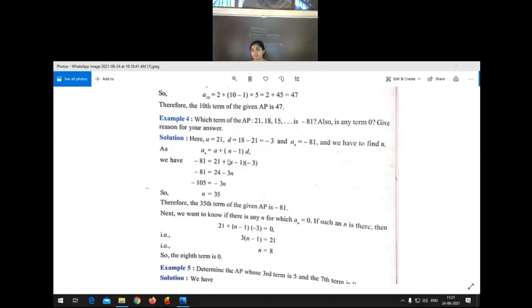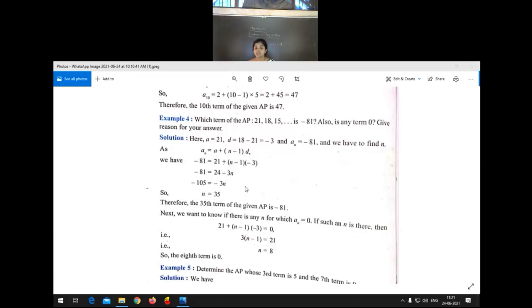So 21 plus 3 is 24, then minus 3n. Next, just transfer this 24 to this side, that is minus 81 minus 24, that is minus 105, then minus 3n. Both sides minus minus get cancelled. Therefore n is equal to 105 divided by 3, that is 35.